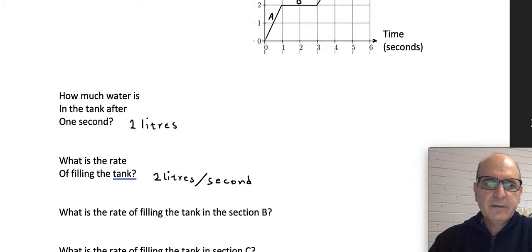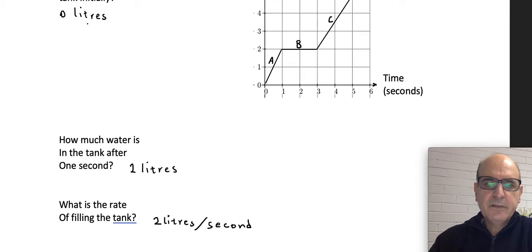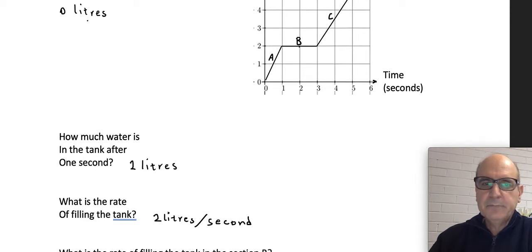Then what is the rate of filling the tank in section B? We want to see how fast the tank is being filled. Fast is another word for rate.